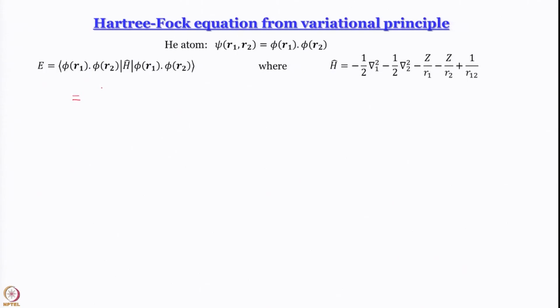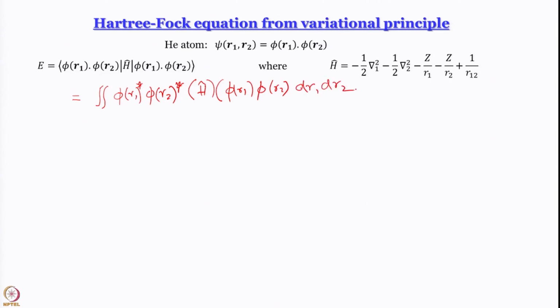This is really equal to the integral, I will write two integral signs, one for R1, one for R2, phi of R1 star, phi of R2 star, then we have the Hamiltonian operating on phi of R1 phi of R2, dR1 dR2.